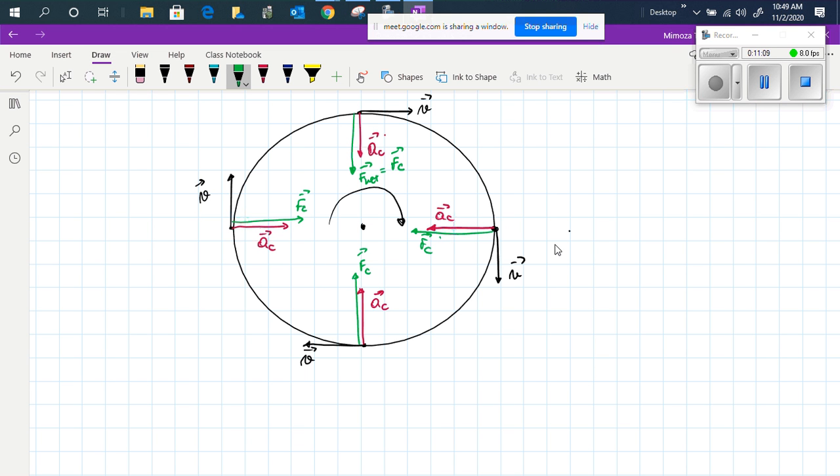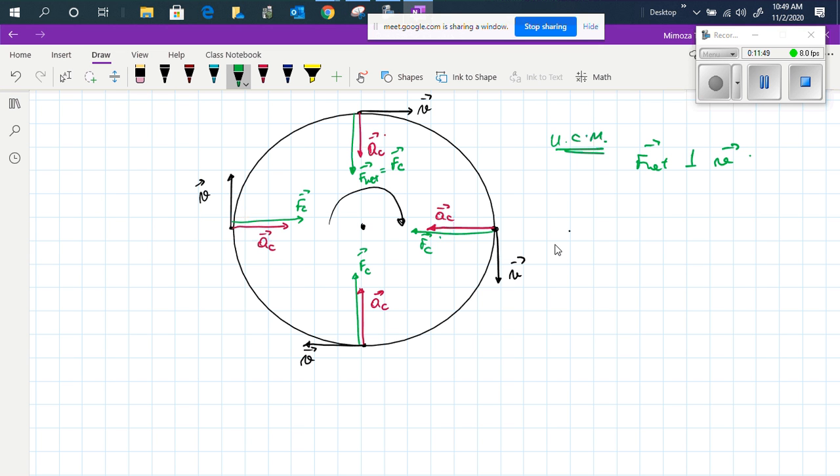So now, the condition for the uniform circular motion is that force net is perpendicular to the velocity. As soon as force net is perpendicular to the velocity, the object is moving in uniform circular motion, in which everything in terms of direction is changing, but the magnitude of the velocity, acceleration, or force net is the same. So the direction is changing.